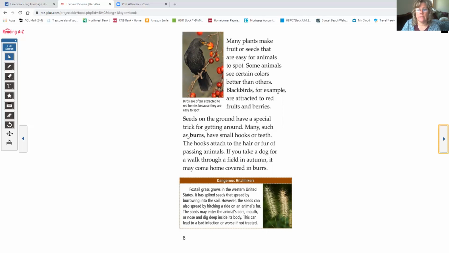So if I look at that, it says seeds, many, such as burrs. That's an example of a seed. So the author is giving us an example of a seed and then describing it for us. Small hooks or teeth on the seed. So again, I looked around the word and got the definition.